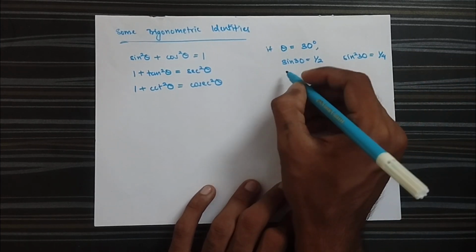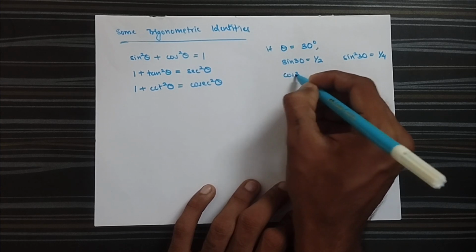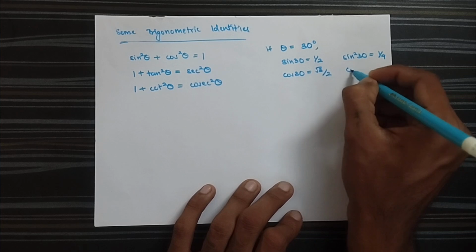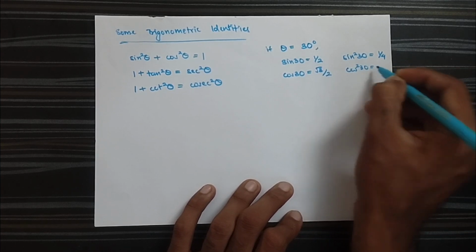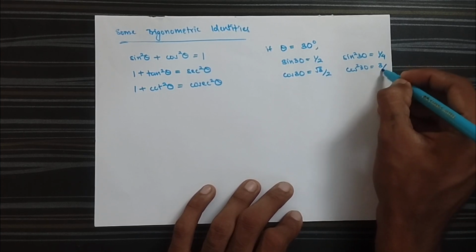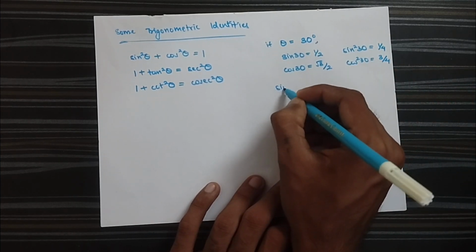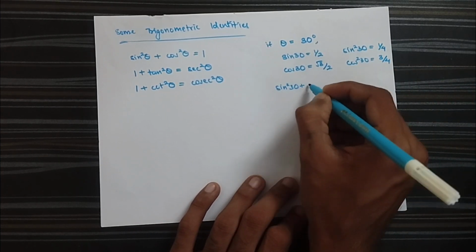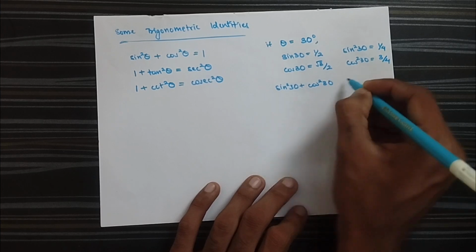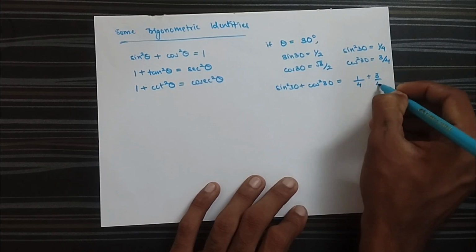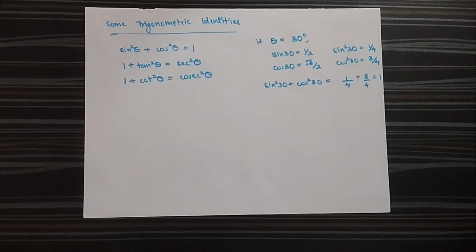So 1 by 4. What is cos 30? Cos 30 is root 3 by 2. So cos square 30 would be root 3 by 2 whole square, which will be 3 by 4. On adding these two, sine square 30 plus cos square 30 equals 1 by 4 plus 3 by 4, which equals 4 by 4, which is 1.